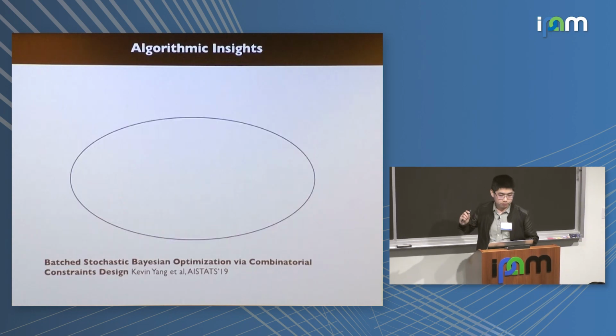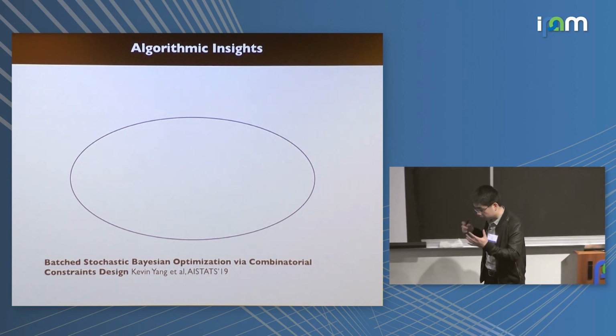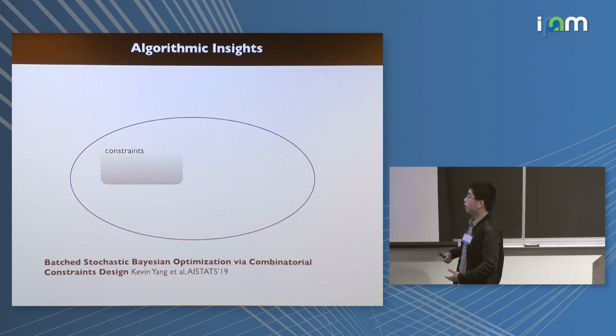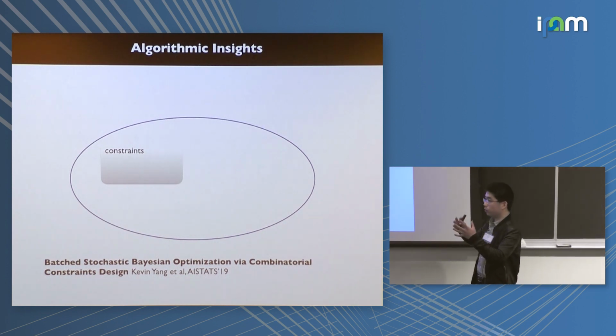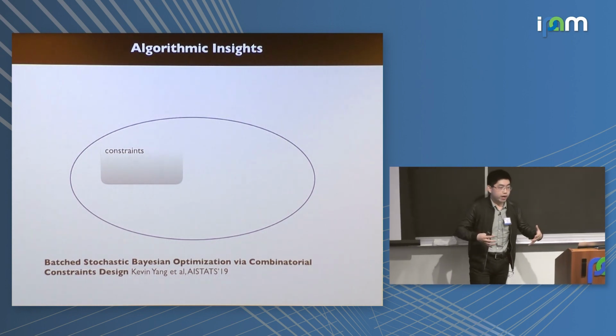Just to give you a cartoonish illustration of our algorithmic insights for this problem, we basically aim to solve a batch optimization problem iteratively. Let's say we have some data right now to build our prior.